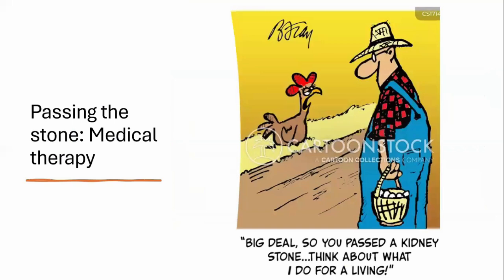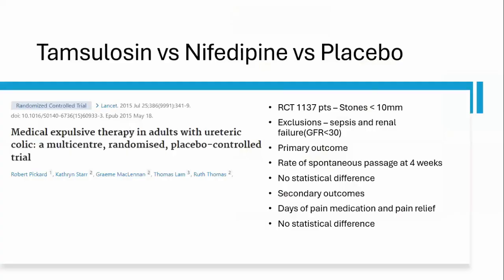And then, no urologists like this topic, but again, there are so many studies on this. You've now diagnosed a stone. What are you going to do for this patient if they're not being admitted? So there were studies looking at tamsulosin versus nifedipine versus a placebo.